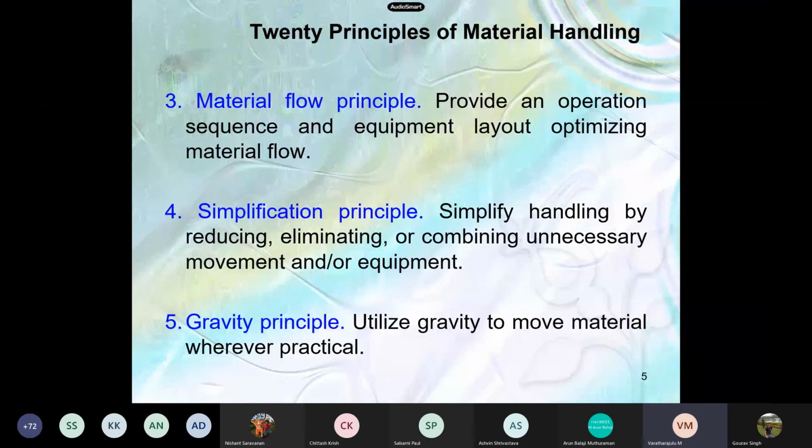And the simplification principle: simplify handling by reducing, eliminating, or combining unnecessary movement. We have to remember that during material handling. And as I detailed earlier, utilize gravity to move material wherever practical, like in ore tanks, or in liquid or fluid industries, like the milk industries.